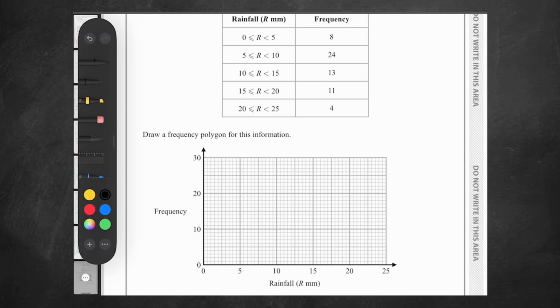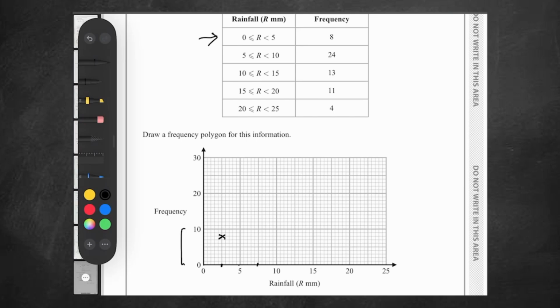So what I mean by that is, for this first one, we know the frequency should be 8 for the 0 to 5 bracket. So instead of taking it at 0 or at 5, we want to take it at the midpoint, just here. And the frequency needs to be 8, so we have 10 squares between 0 and 10, so we know each square is going to be 1 frequency. So we'll just count back from 10 that the first point needs to go just there.